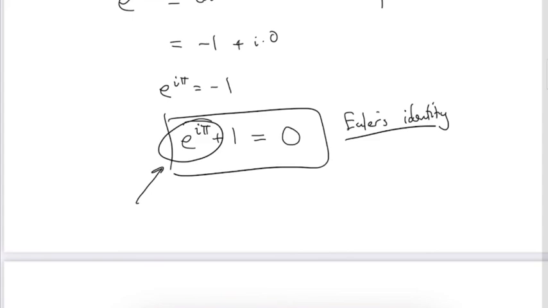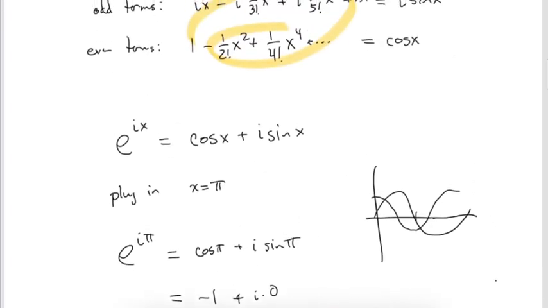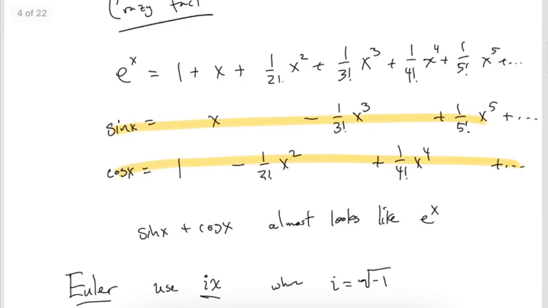Before you look at the series for e to the x, there's no reason for anyone to think that this would be true. But it comes from looking at these 3 series and realizing that somehow you should be able to add together the sine and cosine and make it add up to the e. The missing ingredient is the i. You need the i to make that work out.